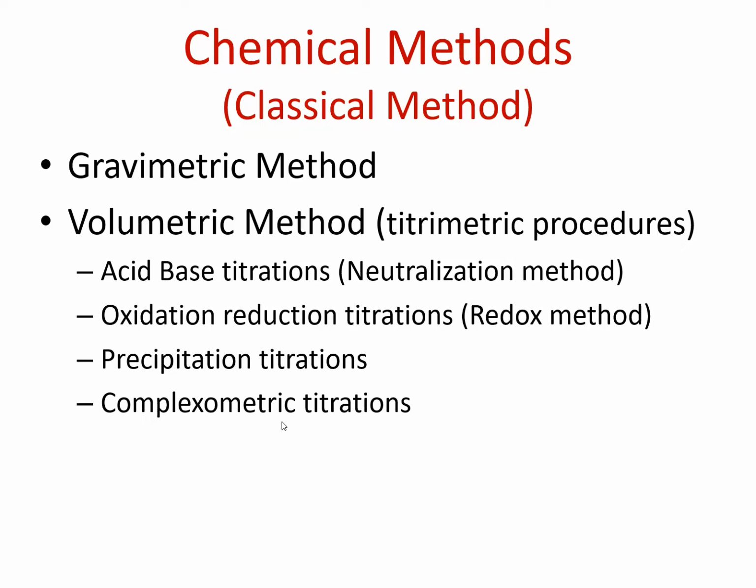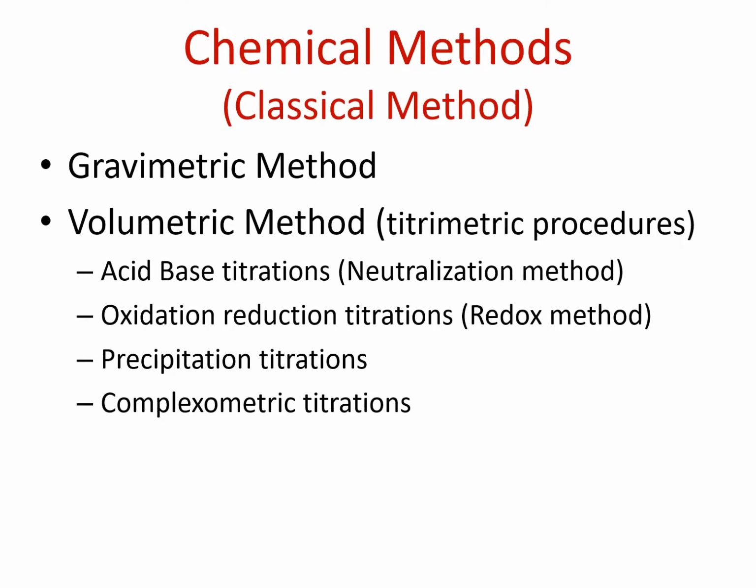If you may remember, you have used some EDTA type of complexometric titration where EDTA binds to metals. Now, I've briefly talked about the chemical methods. Let me briefly talk about the instrumental methods or the physical methods.